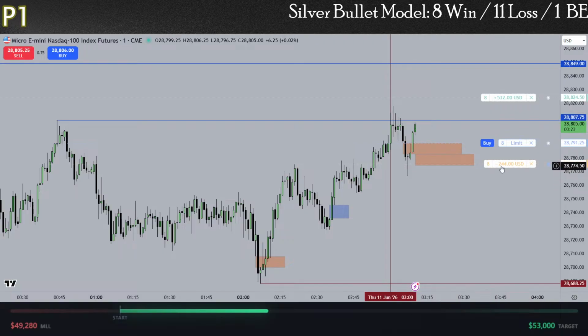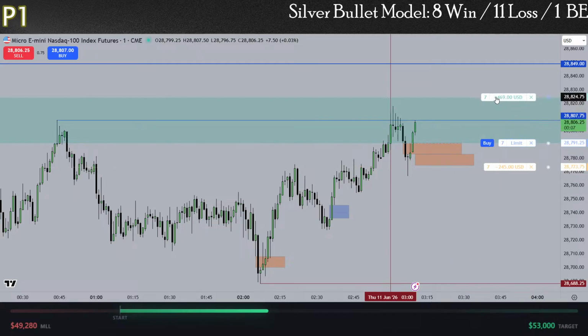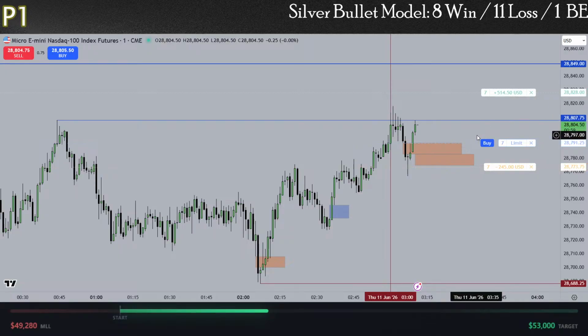So the stop loss would be that, and one tick below 7, something like this. All right, the risk is fine, this is fine.